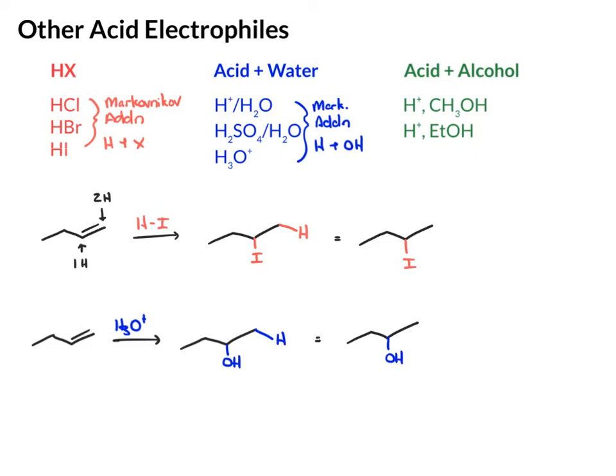Our third option is very similar to the acid and water, but we're adding an acid plus an alcohol. This is also a Markovnikov addition of H and OR, where OR is whatever R group is on your alcohol.